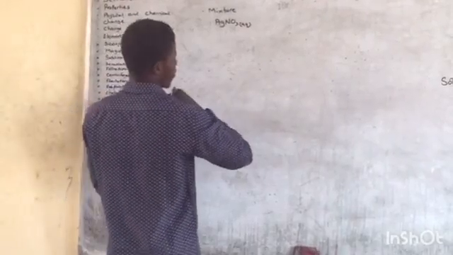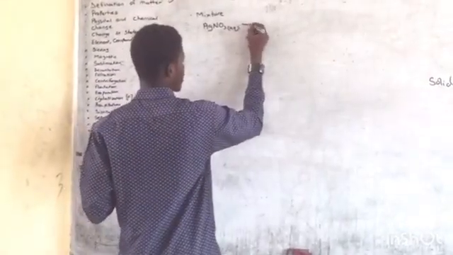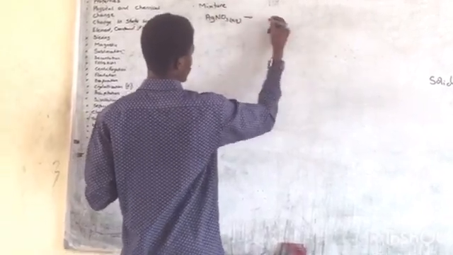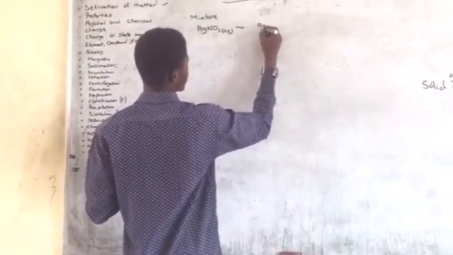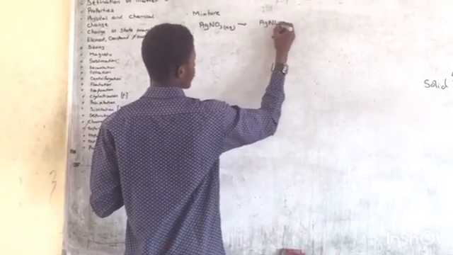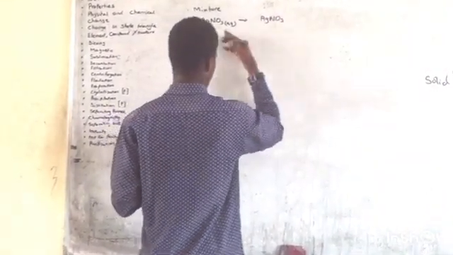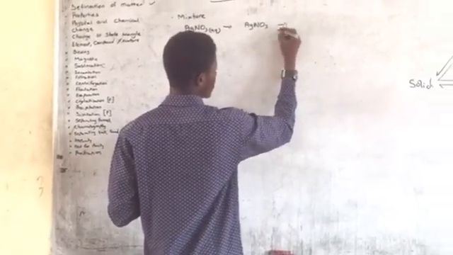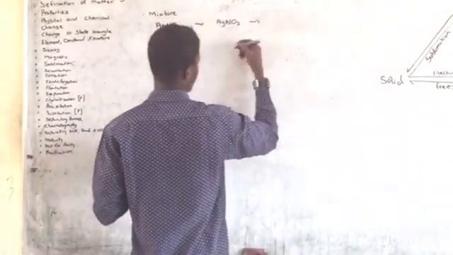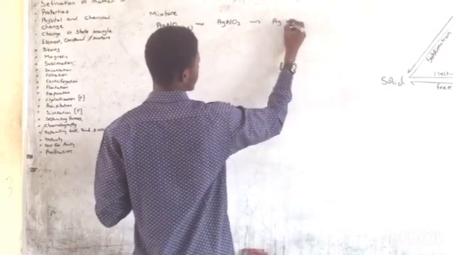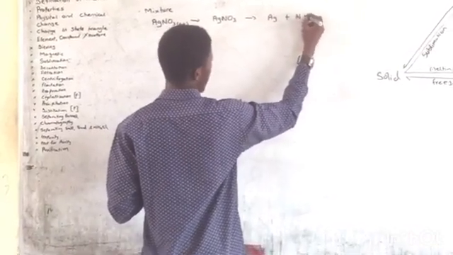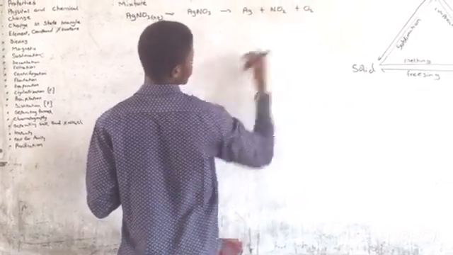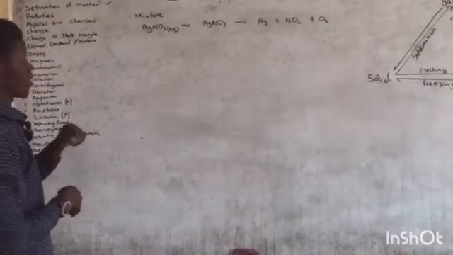When you heat it so that most of the water evaporates, you find AgNO3 crystallizing. When you heat it to the point that it decomposes, you form AgNO2 plus O2.